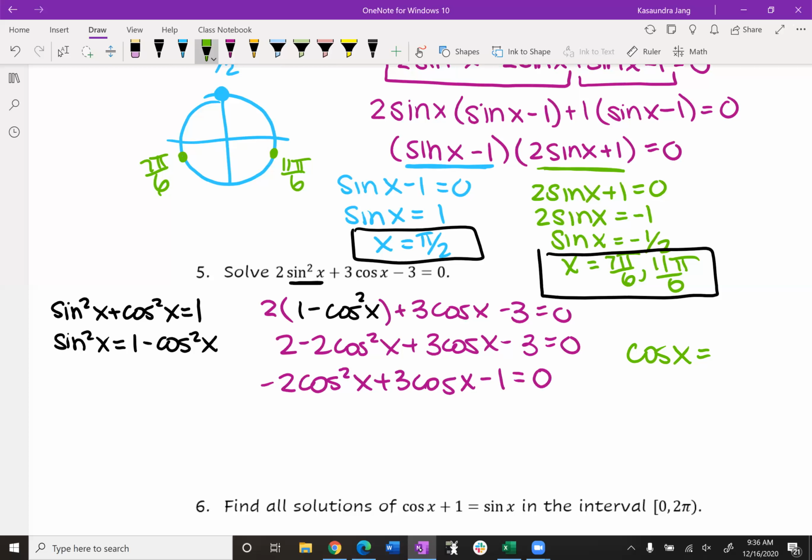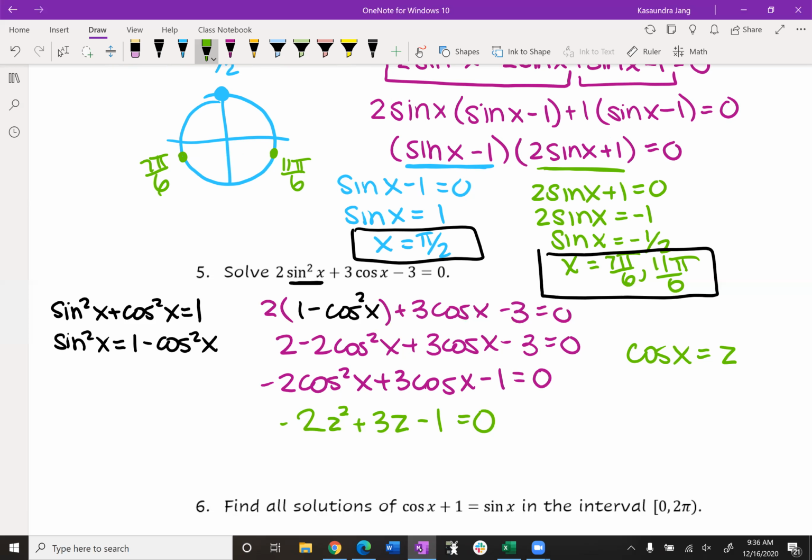So if I did that, I would have a z squared, negative 2 in front, and a 3z minus 1 equals 0. If that makes it easier for you to see how to factor it, you can do that. I just replaced all of my cosines with a z. So instead of cosine squared, I had z squared. Instead of 3 times cosine, I had 3 times z. If that's better for you, go for it.